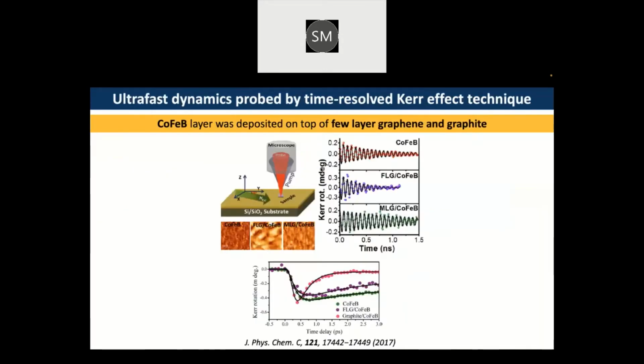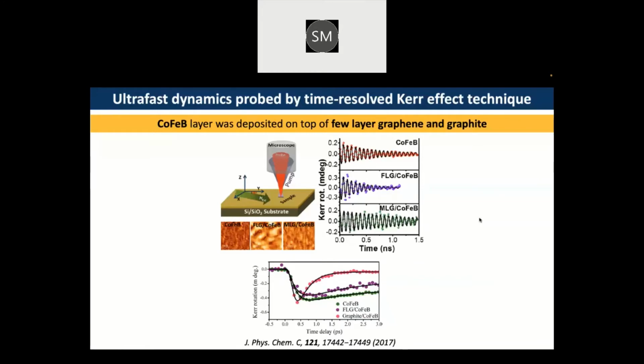So in 2017, Sinha et al. reported that the time-resolved magneto-optical Kerr effect signal obtained from a nanoscale cobalt iron boron layer gets significantly modulated in the presence of few layer graphene and graphite. Both the ultrafast demagnetization time in femtosecond timescale and remagnetization time in picosecond timescale are modulated.